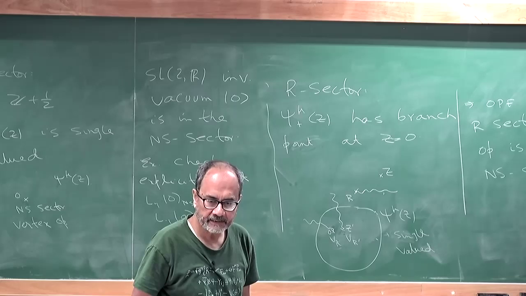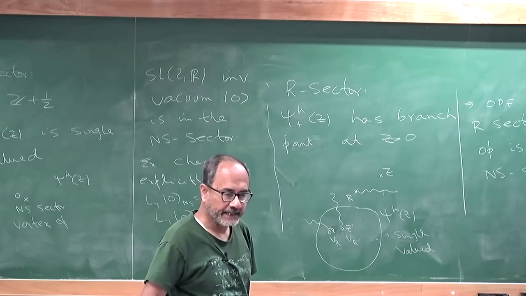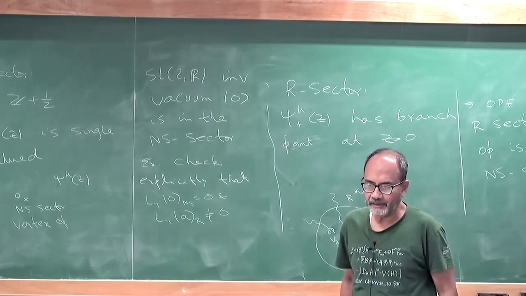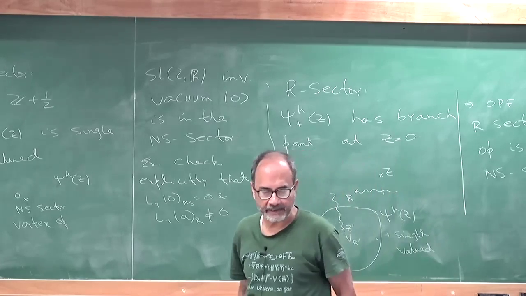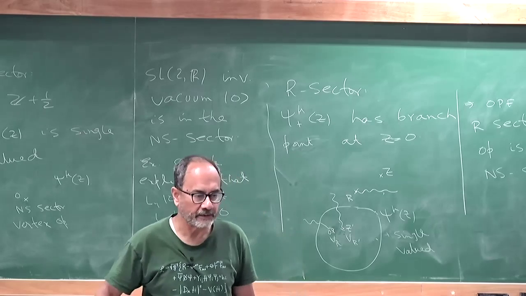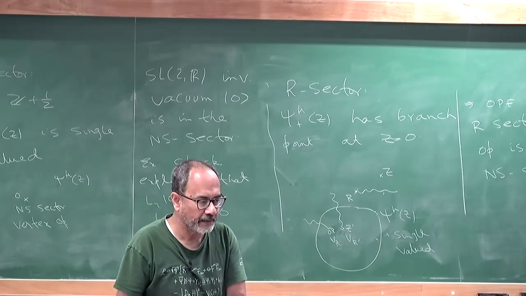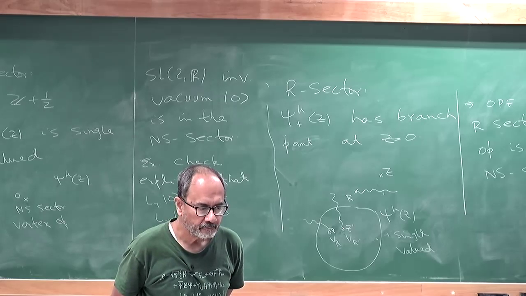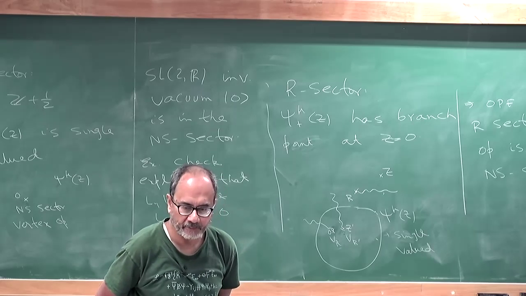Is this clear? So this is saying that if you are trying to build a theory, you don't have the option of keeping only the R sector vertex operators. That is inconsistent, because if you bring two R sector vertex operators together, you get an NS sector state. This you could have also said from the space-time viewpoint, right?